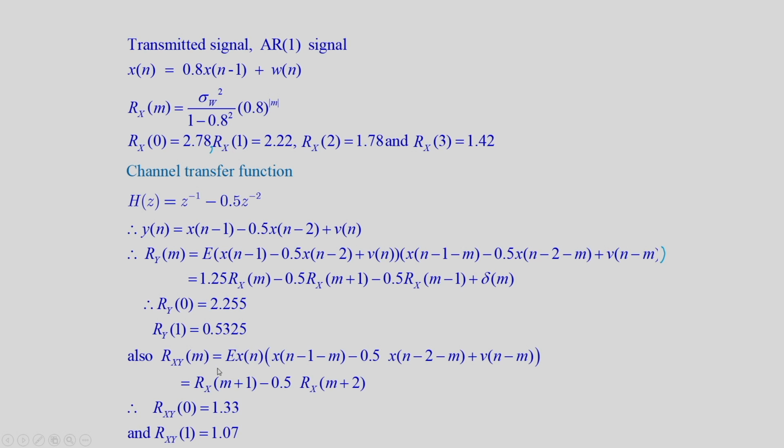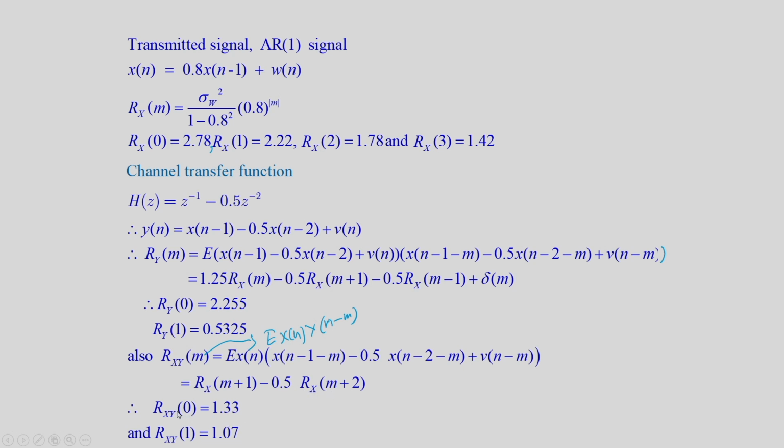So that way Rxy of m is equal to E of x of n into y of n minus m. If we substitute y of n minus m by this expression, we will get this result. So that way Rxy of m is equal to Rx of m plus 1 minus 0.5 into Rx of m plus 2.